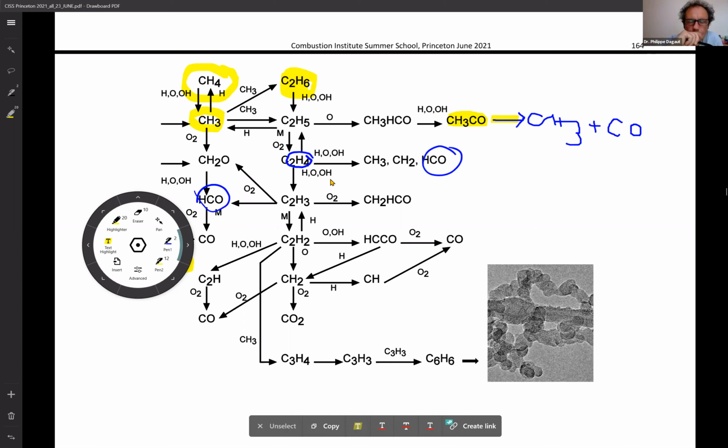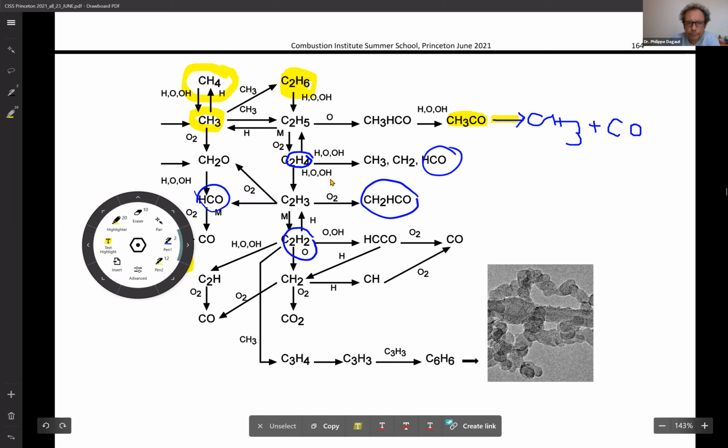They can react with molecular oxygen and form this vinoxy radical here, which can decompose and produce CO. But they can also react by thermal decomposition and form acetylene.